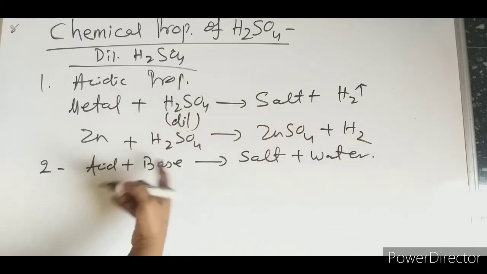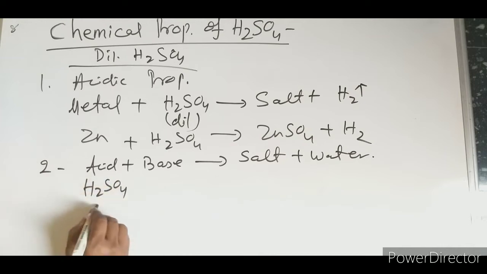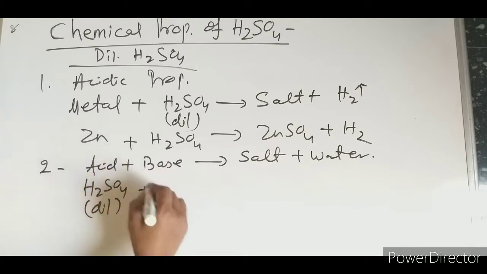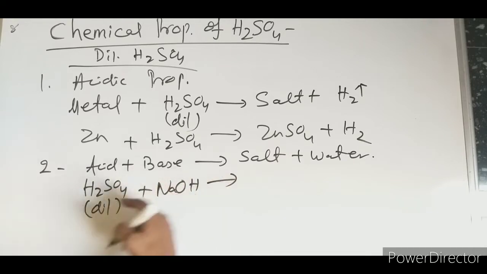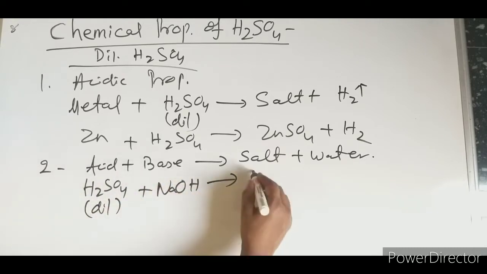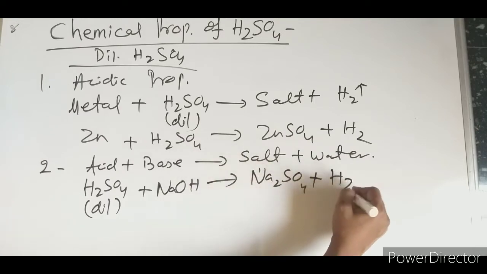Second one: acid plus base gives rise to salt plus water. This is the most important property of acid. We have taken dilute H2SO4. Here the base, the most evergreen base, is NaOH. So what we are getting? Na2SO4 along with water, 2.